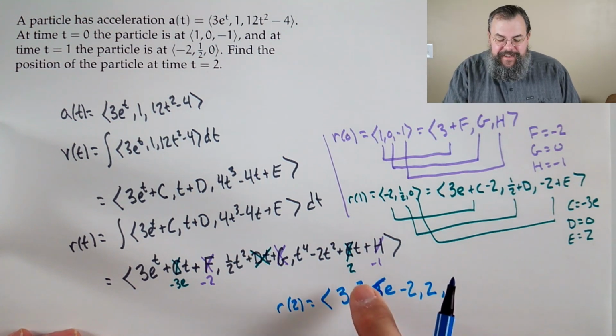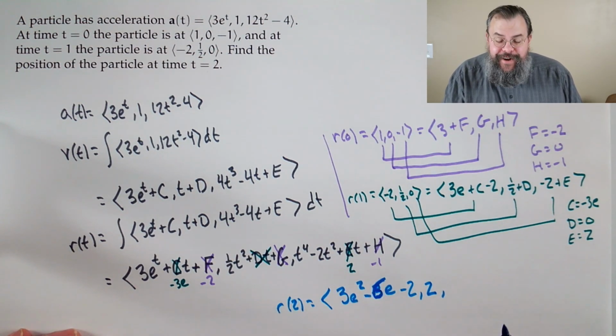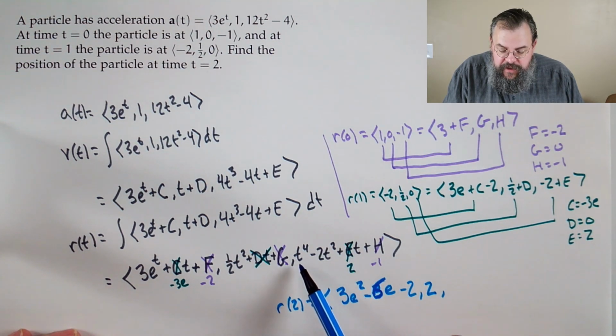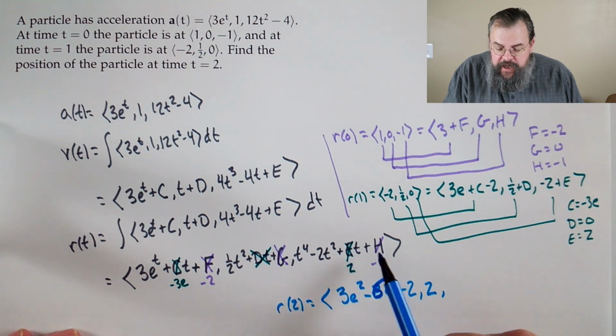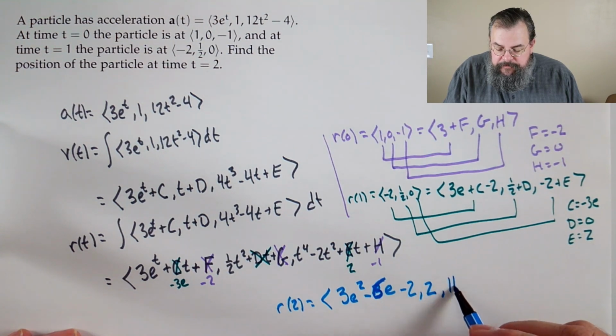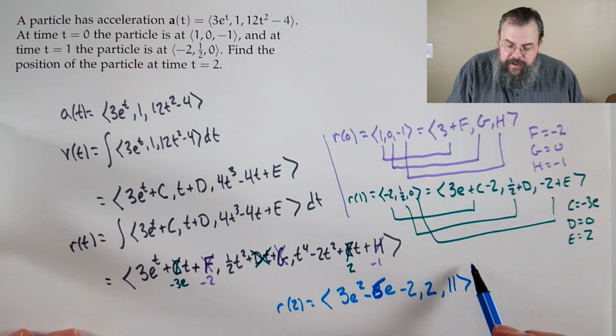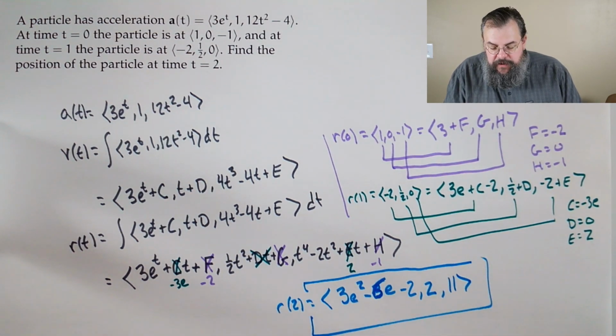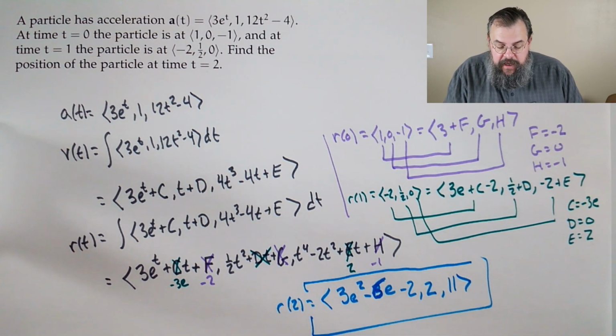Careful, careful. This is what happens when you're trying to compress all your notes. So 2 times 2 makes this a plus 4. So we have 16 plus 4 is 20. Minus 9 makes it 11. Okay. And there we go. That's where we're going to be at time 2.